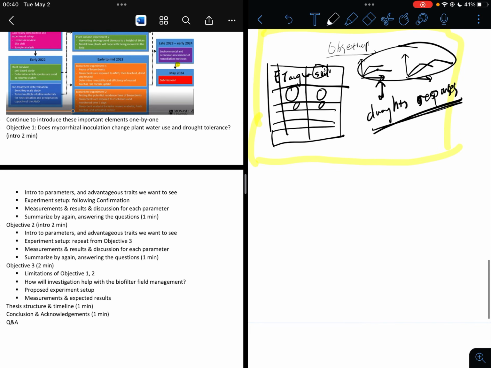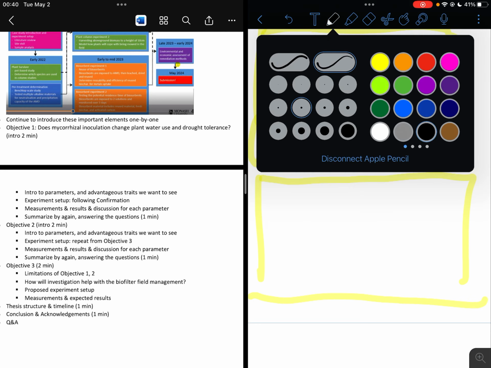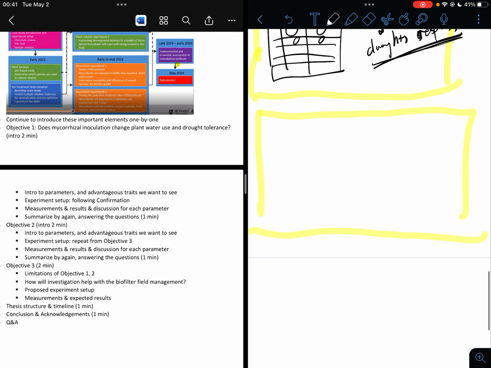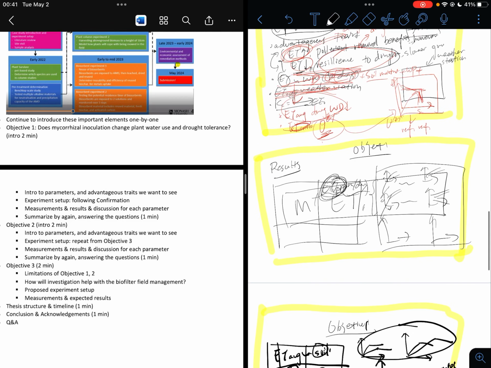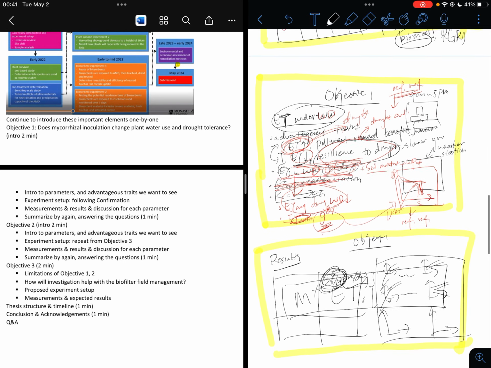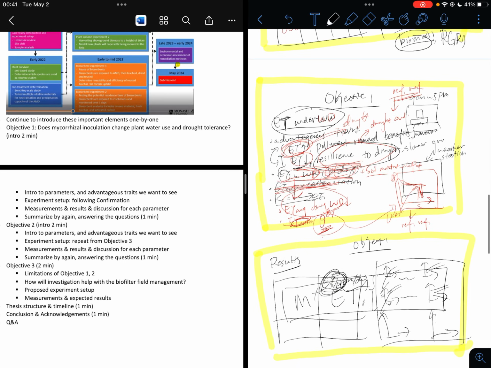And then we come back, and now we have the water potential stuff. And also you can follow the same thing.